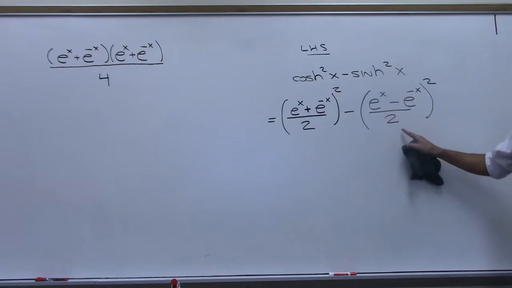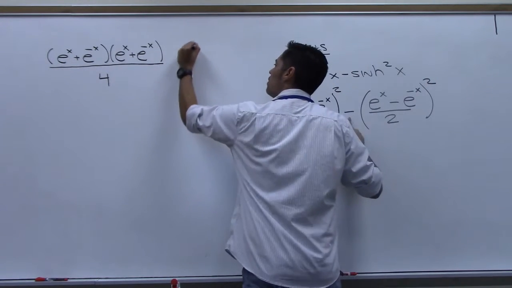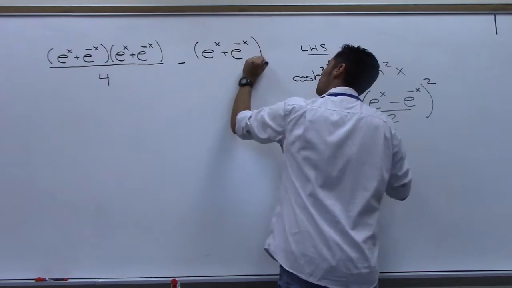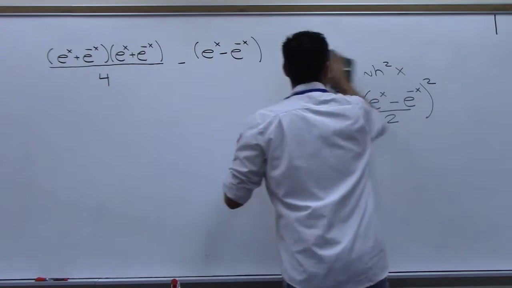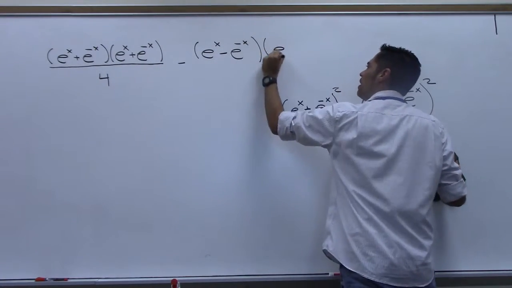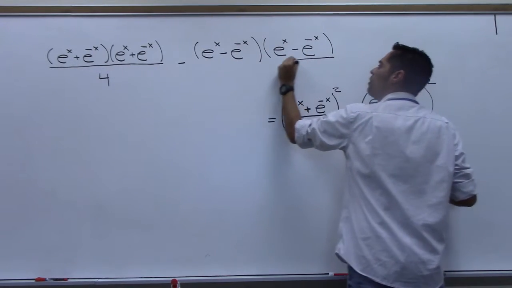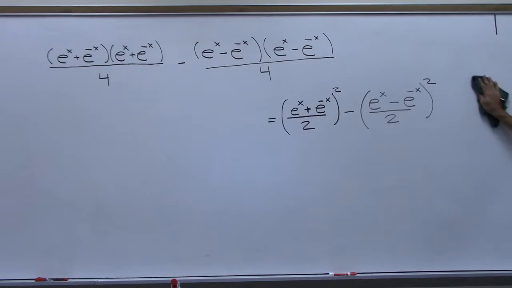And then over here, I'm going to do the same thing, and there's a minus sign between them. So minus e to the x plus e to the negative x. I did plus again. Minus itself e to the x minus e to the negative x all over 4 again. We good?